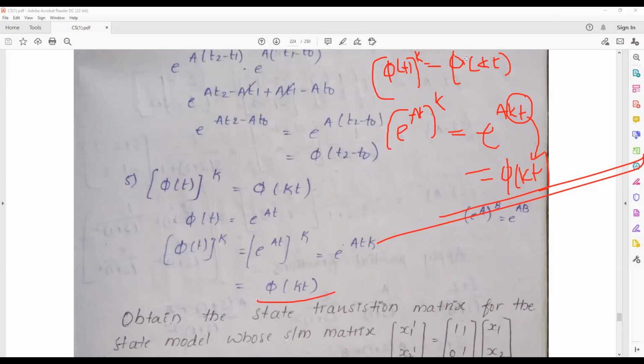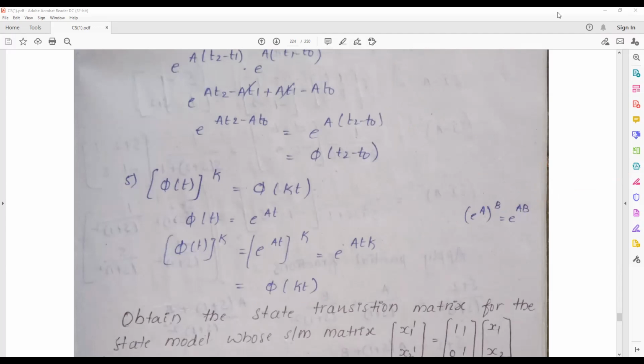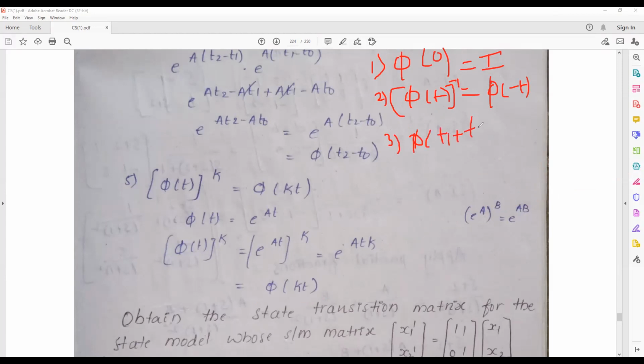So, five properties. First one, phi of 0 is equal to I. Second one, phi of t whole inverse is equal to phi of minus t. Third one, phi of t1 plus t2 is equal to phi of t1 into phi of t2.